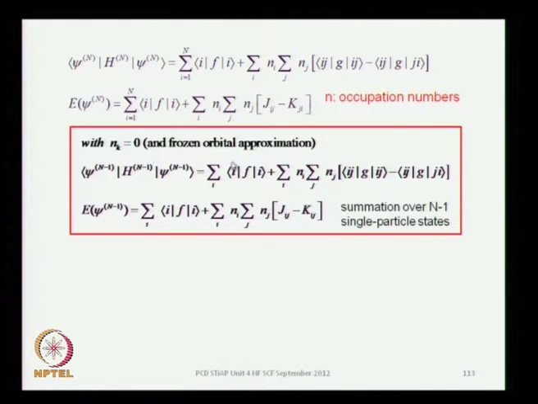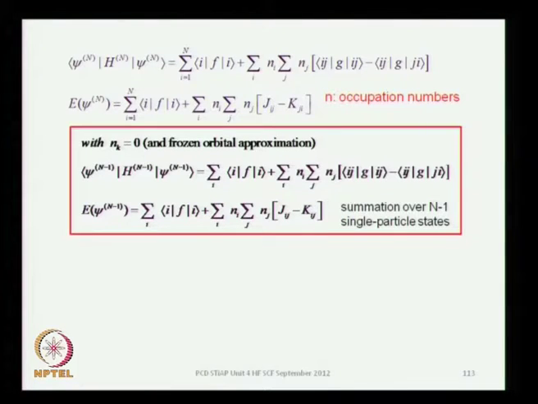So, you have the energy of the n electron system, you can write the corresponding expression for the n minus 1 system, which is a completely identical expression, except for the fact that all terms for which i is equal to k, that Nk would be 0, and those are the terms which will be removed.